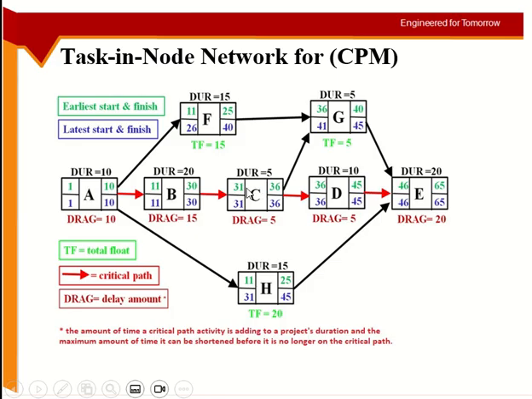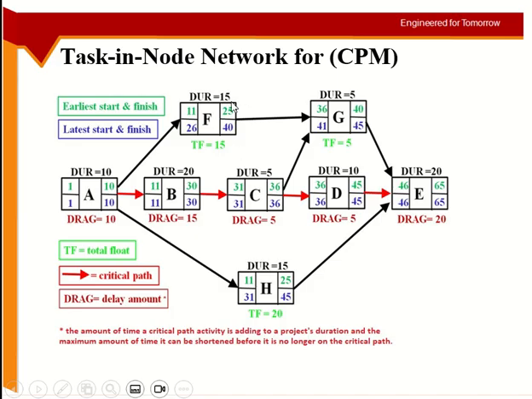So I cannot delay the activity by any day without delaying activity D. For H, 46 minus 25 gives you 20 days. So I can delay activity H by 20 days; it will not affect activity E up to 20 days. So this is free float.